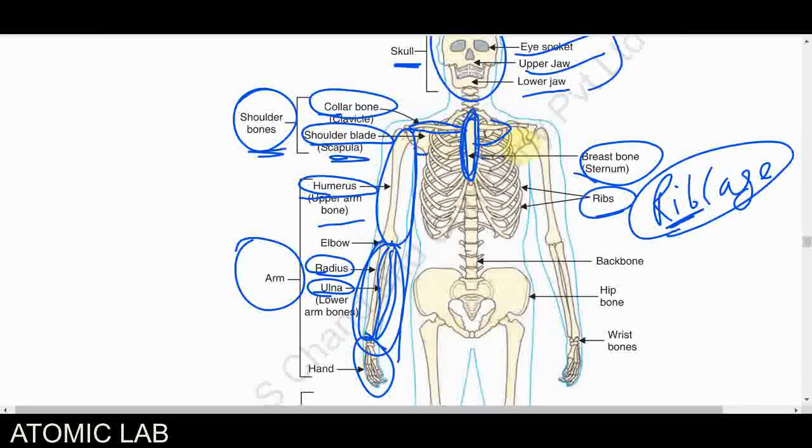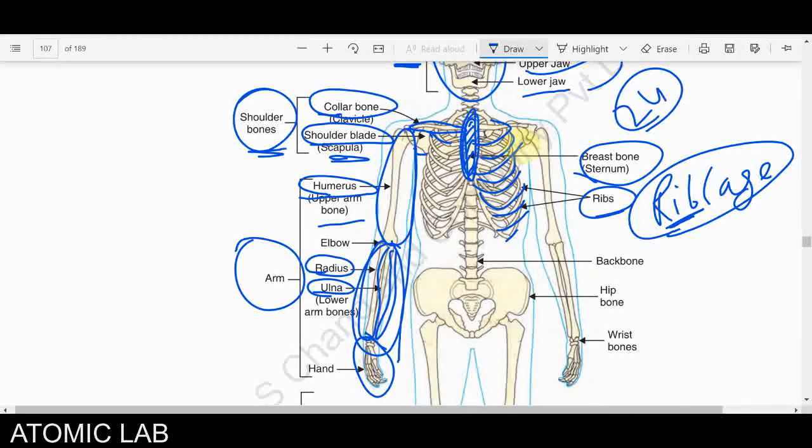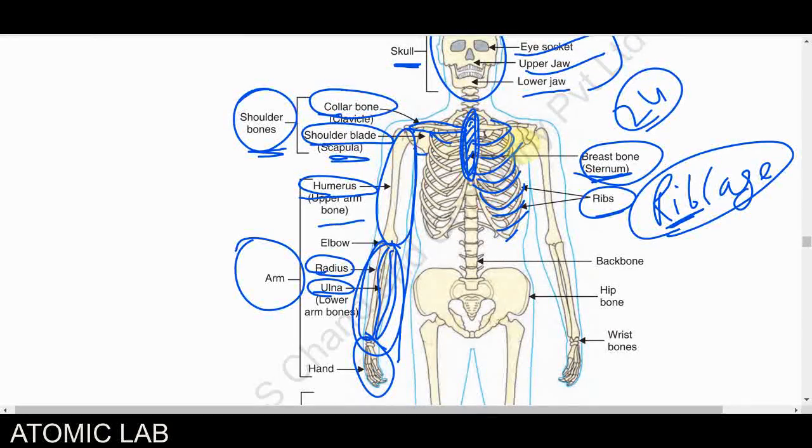There are around 12 pairs of circular bones present in our chest. So 12 circular bones, we can say 24 ribs, are present in our chest. Okay, and they are generally attached to our front bone, from the breastbone to the backbone.